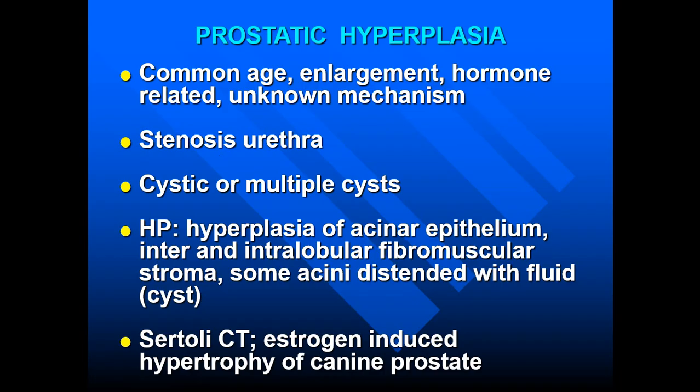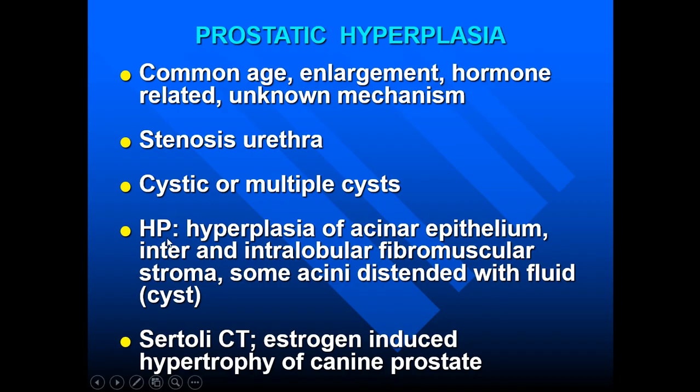So the pressure from the outside of the lumen, the pressure from the enlarged prostate, the increased number of prostatic cells, will narrow the urethral lumen, because the urethral lumen gets constant pressure from the outside. Prostatic hyperplasia can appear as single or multiple cysts.